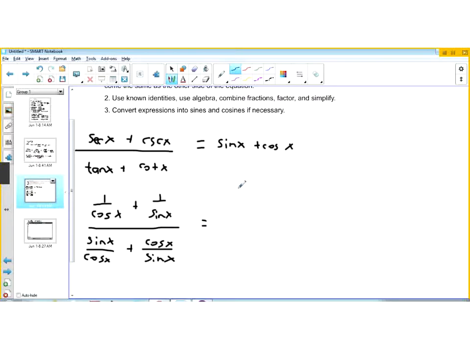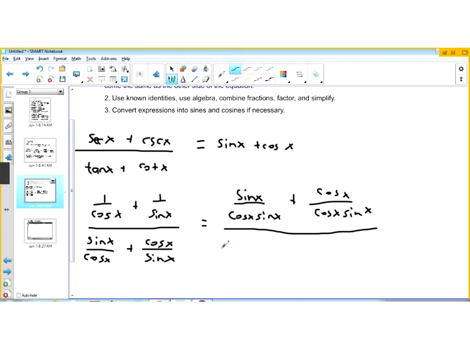So we'll add the terms in the numerator. So that would be sine x over cosine x sine x, because the common denominator in the numerator is cosine x sine x, plus cosine x over cosine x sine x, divided by, okay, and then the common denominator for the two terms in the denominator would be cosine x sine x as well.